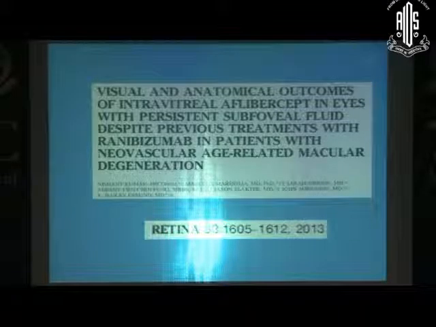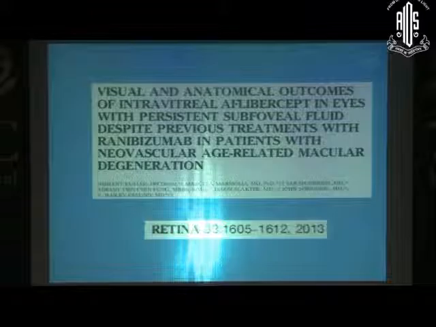Avastin is an anti-VEGF and aflibercept is what is called a VEGF trap. So it works very similar to Avastin and it is supposed to be the latest drug in the Western market. So in this study what they did is they took patients of neovascular AMD. These patients were injected with ranibizumab, which is Lucentis, and in spite of the injection there were patients who had persistent subretinal fluid.